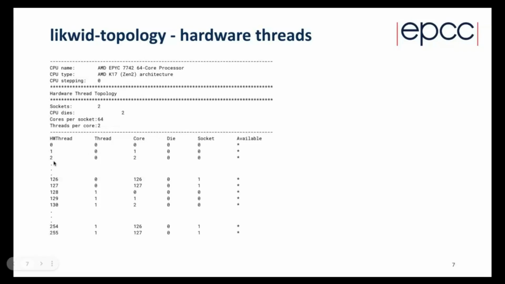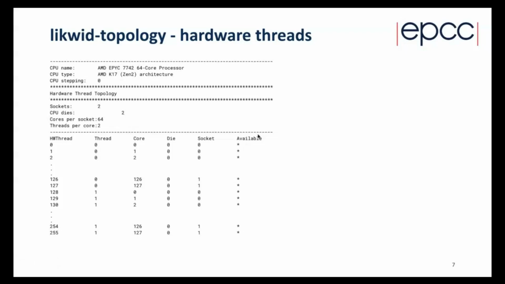So I've just presented this compactly. This shows, as you will see, that LIKWID topology thinks that there are 255 hardware threads available. All of them are marked as available with this asterisk in the available column.